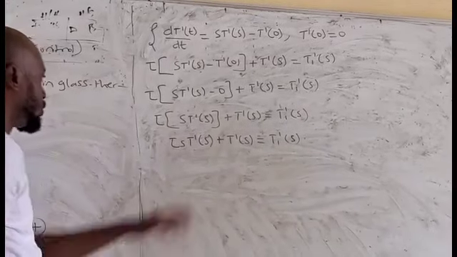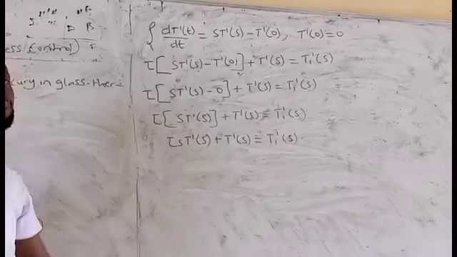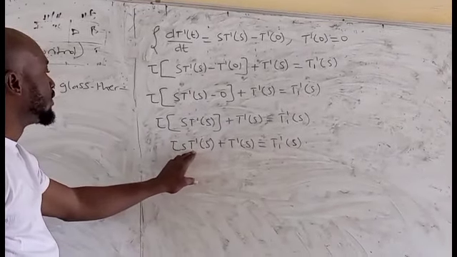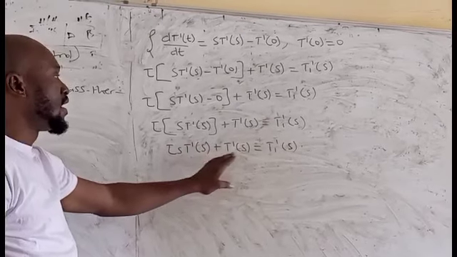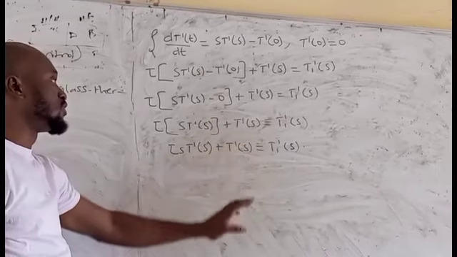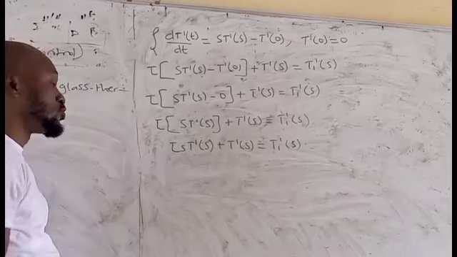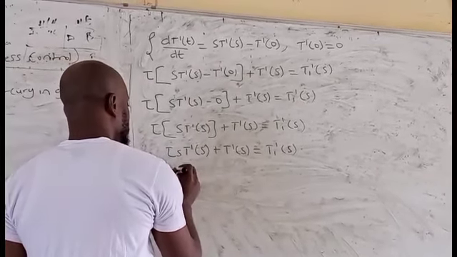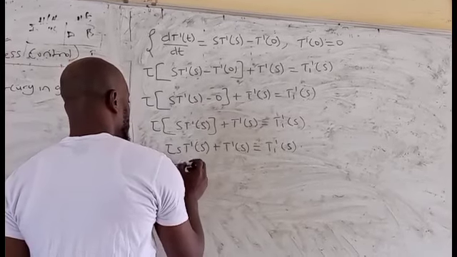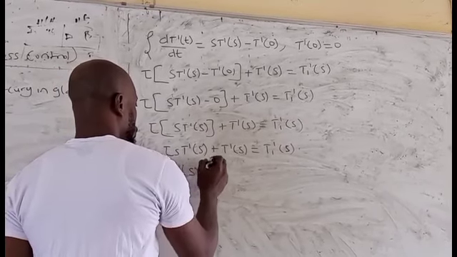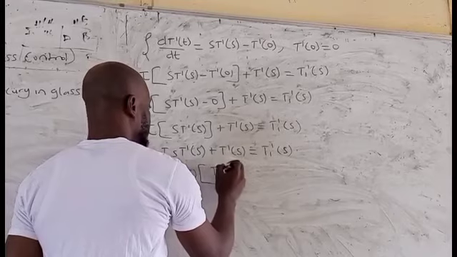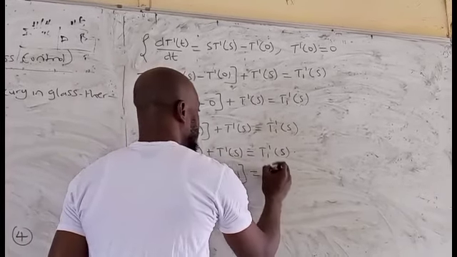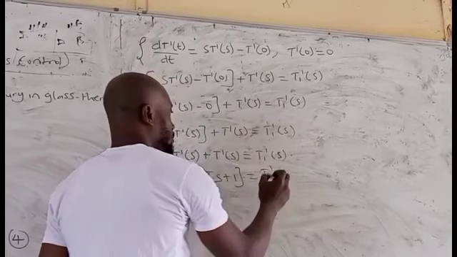So something is common here: T'(s) is here, and I also have T'(s) here. So T'(s) is common. If I factorize, I'm going to have T'(s) times (tau s plus 1) equal to T1'(s).